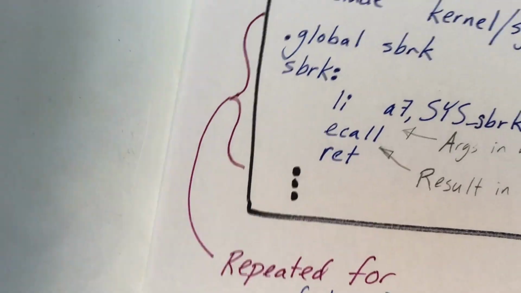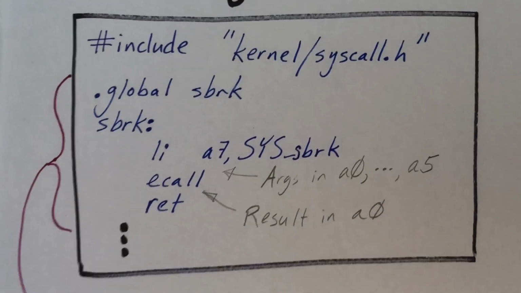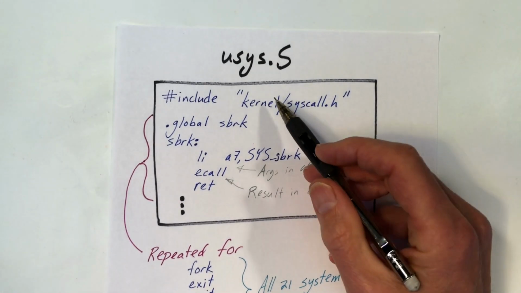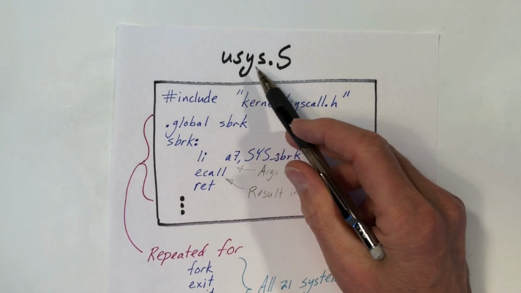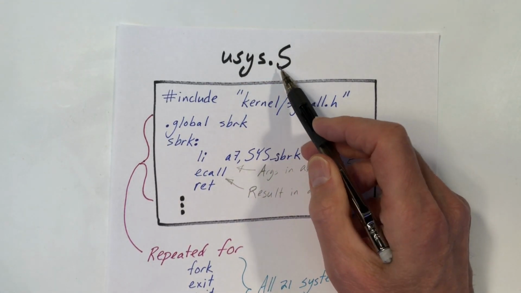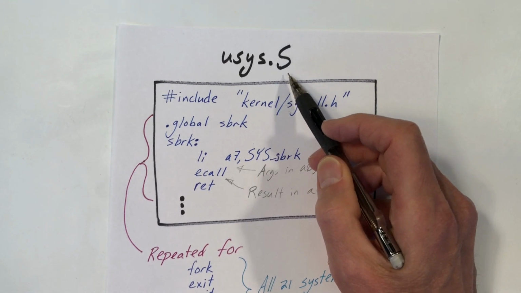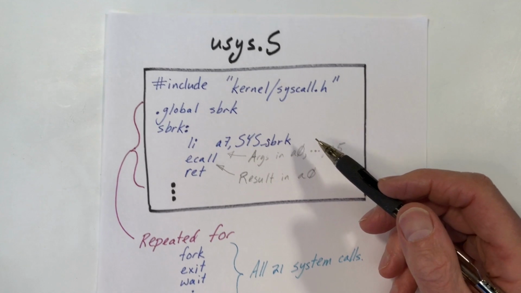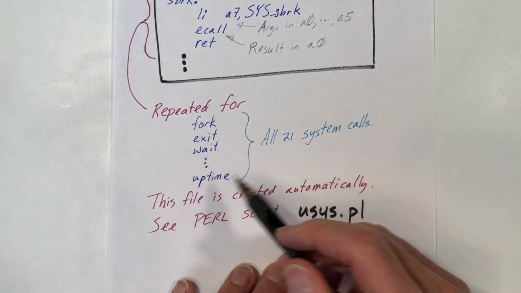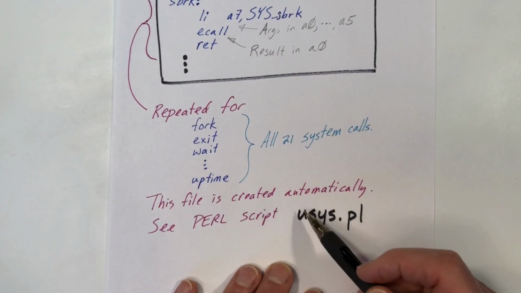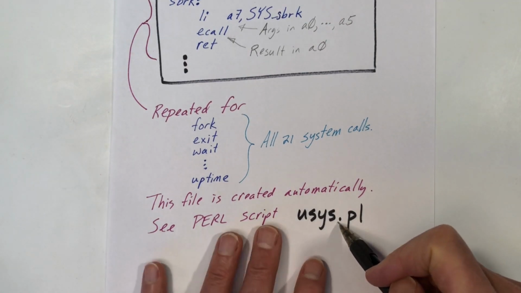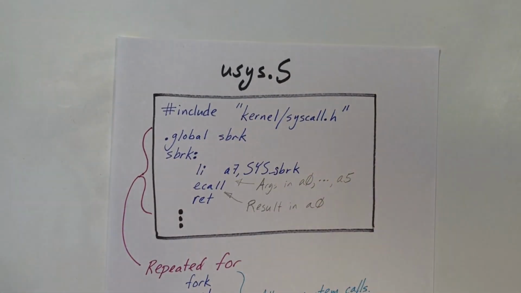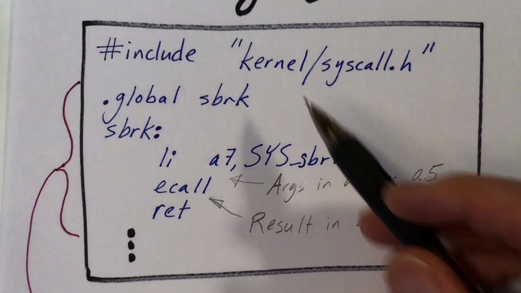Those functions are often called stub routines, and they're all found in this file, usys.S. This is an assembly language file that contains a short stub routine for each of the 21 system calls. This file is actually automatically generated by a Perl script, usys.pl. But I've shown here what goes into that file.